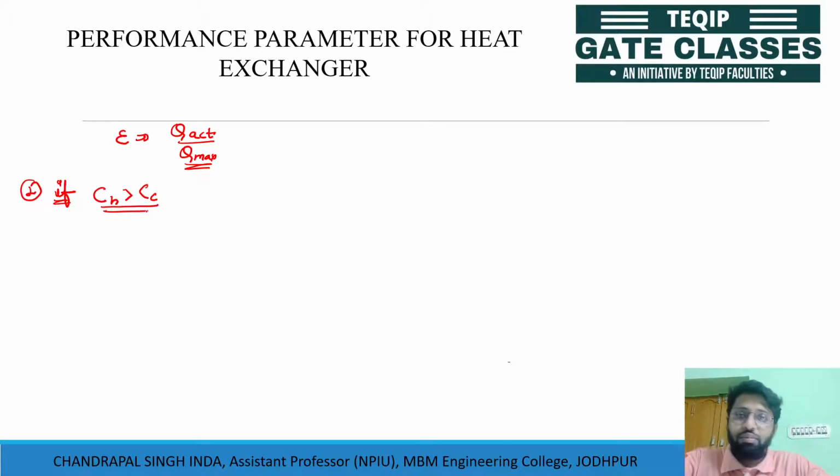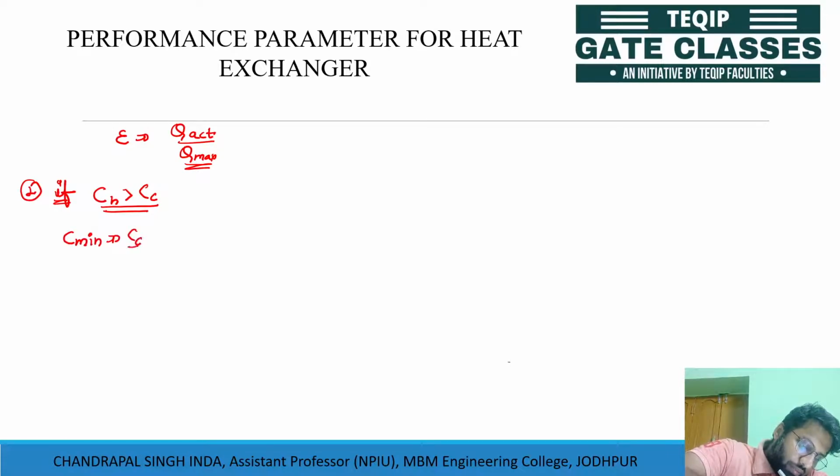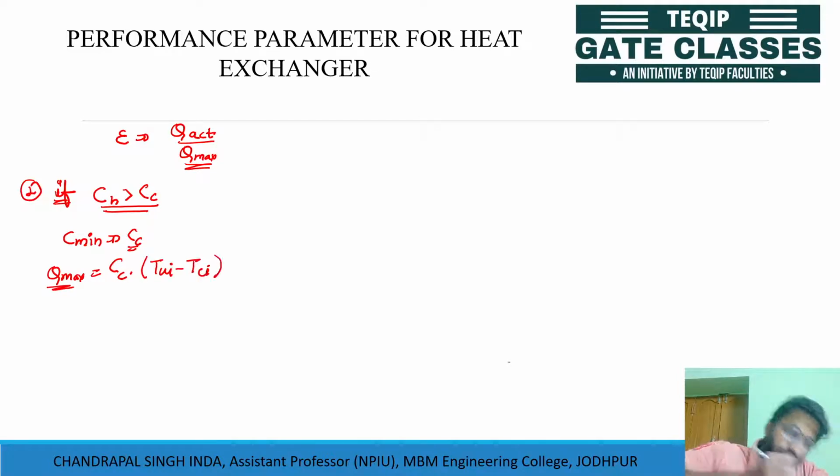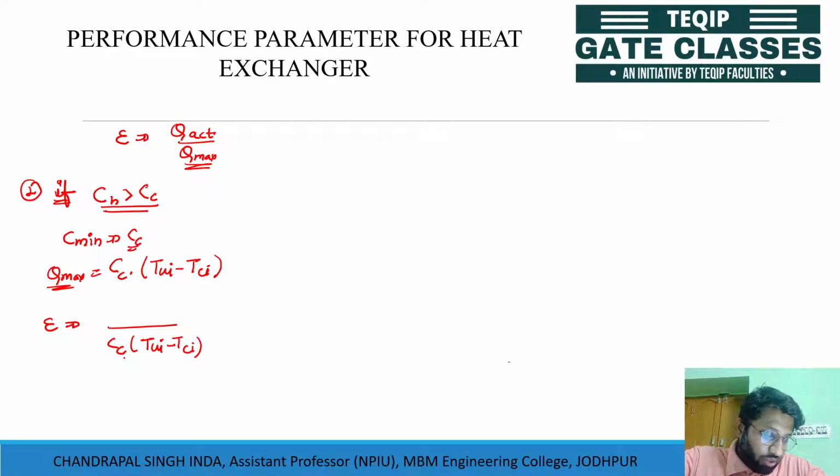So, case number one, in which the heat storage capacity of the hot fluid is greater than the heat storage capacity of the cold fluid. So we will have C minimum as Cc, and the Q max will be Cc multiplied by T hot inlet minus T cold inlet, and the effectiveness will be equal to the actual heat transfer over Q max. Here we can cancel out the heat storage capacity of the cold fluid.